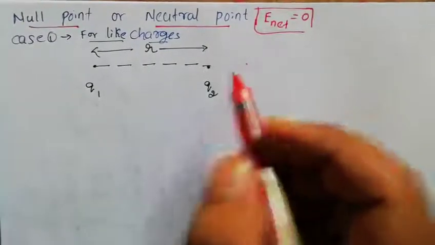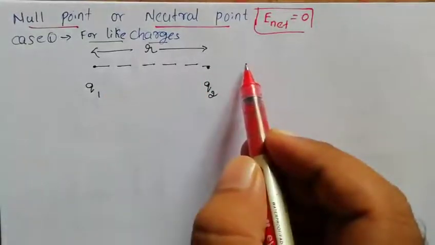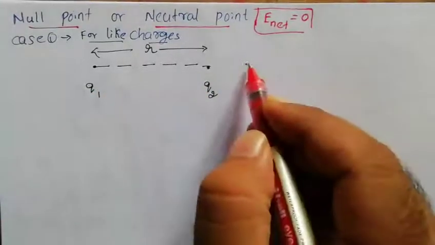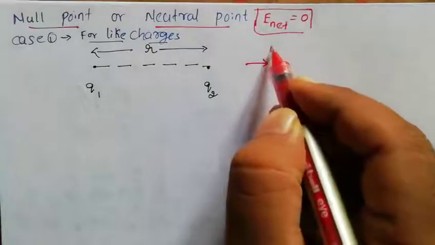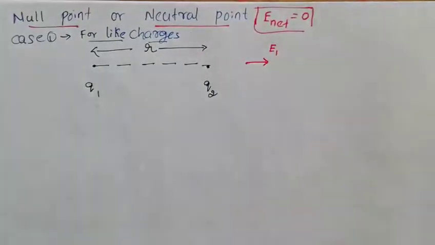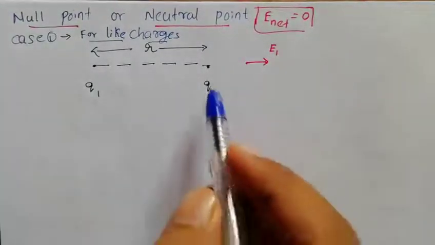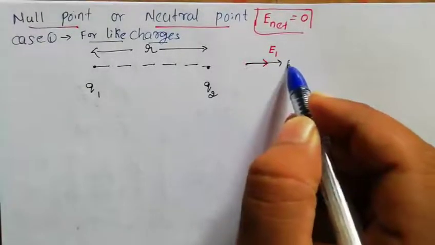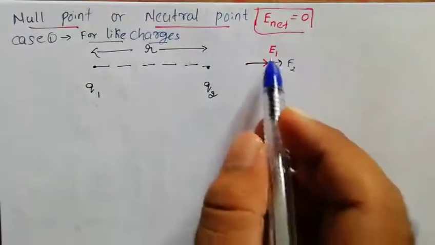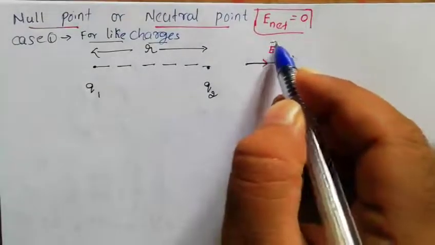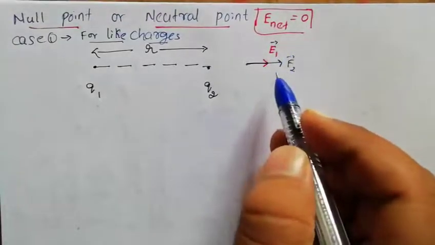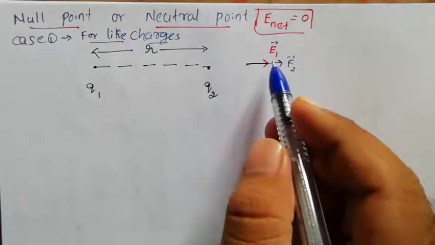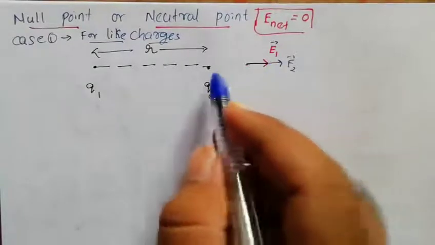No, because look here, the electric field at this point due to the positive charge is in this direction. Let me indicate it by E1. And due to Q2, it will be in the same direction, right? So both electric fields due to the Q1 charge and the Q2 charge are in the same direction. So the electric field will add up here. So we cannot get it on this side.